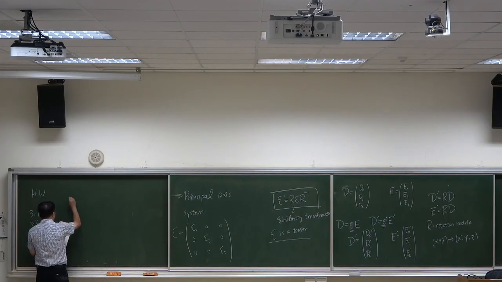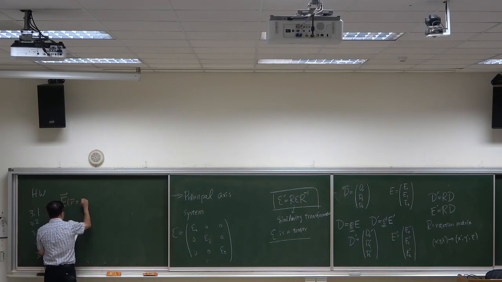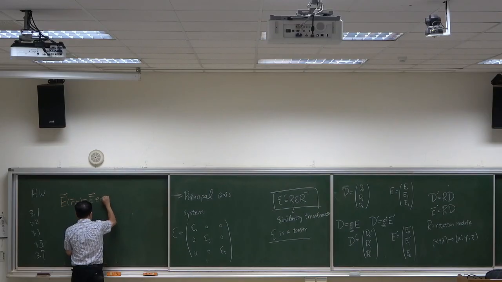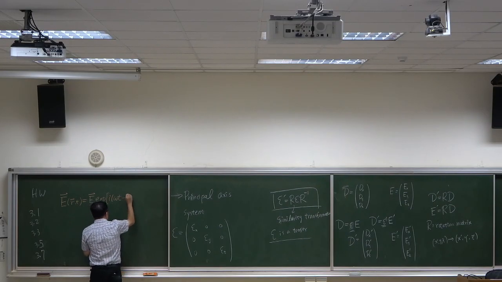So suppose we can write the E vector of the electromagnetic wave E(r,t) as E times exponential i(omega t minus k dot r).